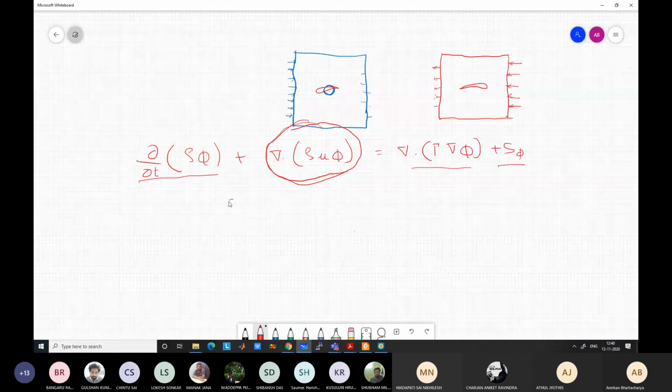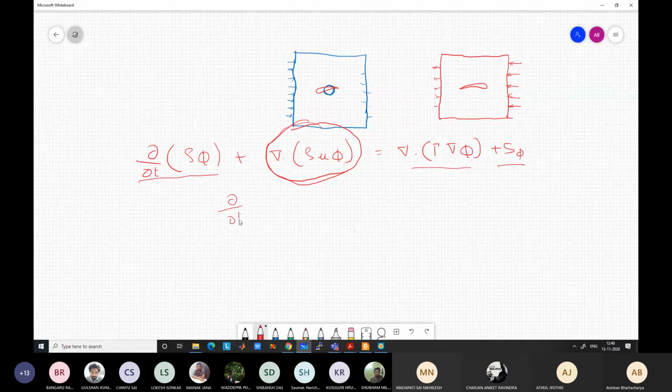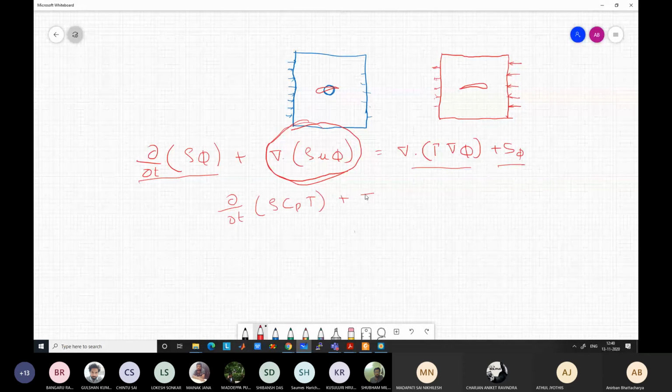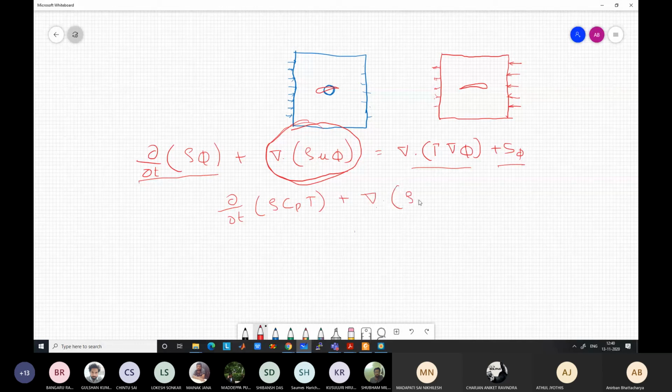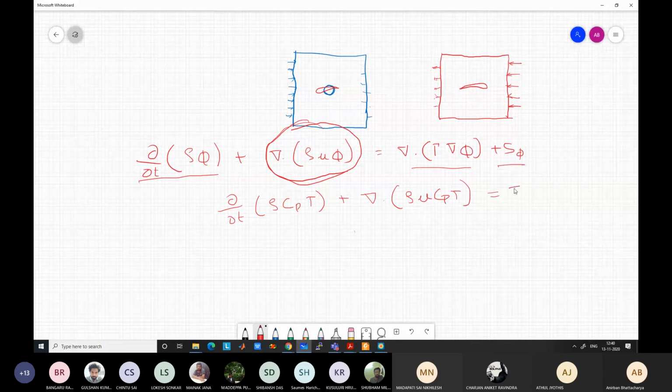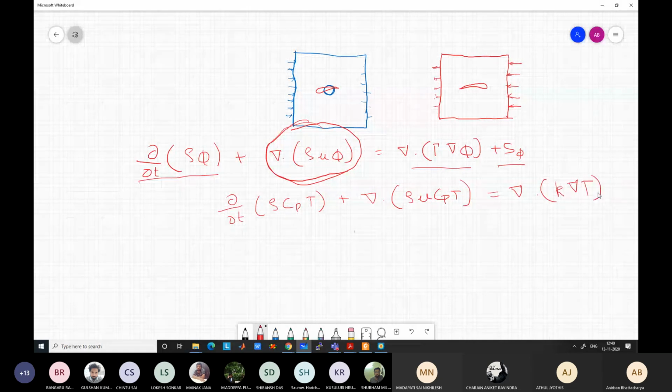For example, for the energy equation I can write this as del/del t of rho Cp T, plus del dot rho u Cp T, is equal to del dot conductivity k del T, plus some source term, S_C or S_H or something like that. So this is the same equation but for the energy balance.